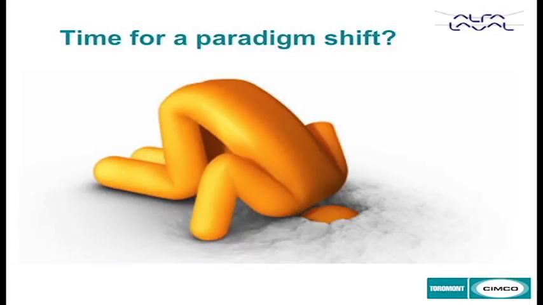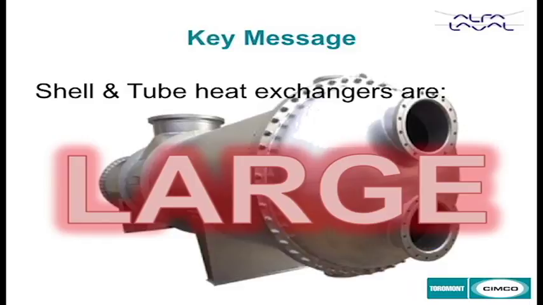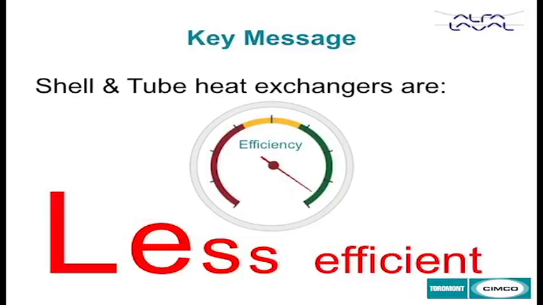So I'm looking to challenge your paradigm shift away from thinking of shell and tube heat exchangers as the best heat exchanger specifically for refrigeration. Shell and tube heat exchangers are large compared to a plate and frame heat exchanger.